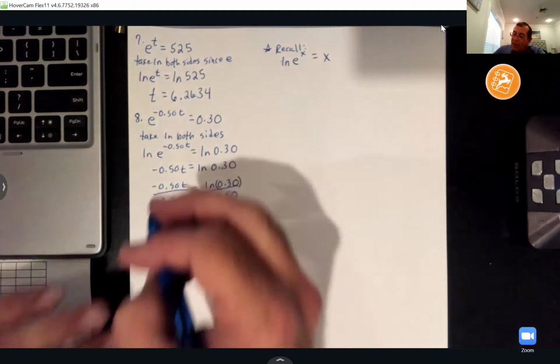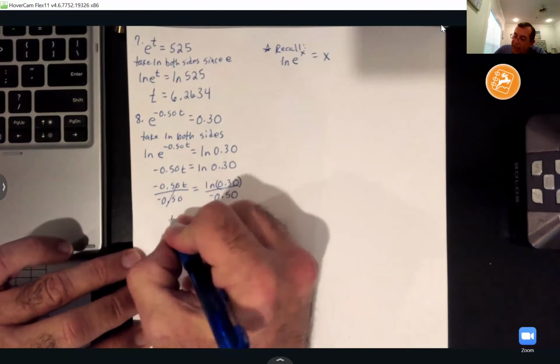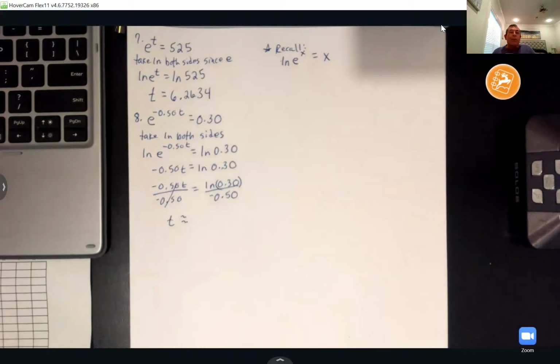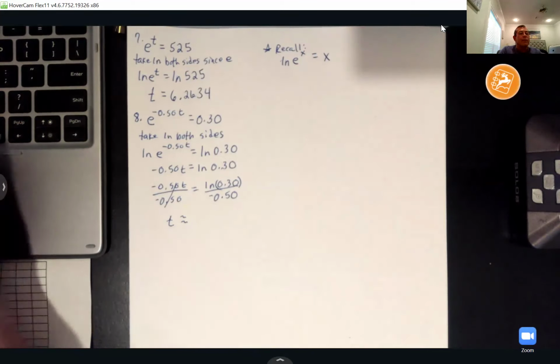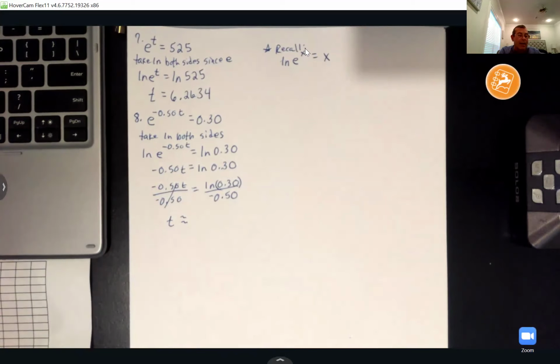So try that one and let's see what you get. Because that's going to be a t on this side. So we're going to approximate that to 4 decimal places, okay? So what do we got? ln 0.30, close my parentheses. And then that was what? Divided by a negative 0.50.